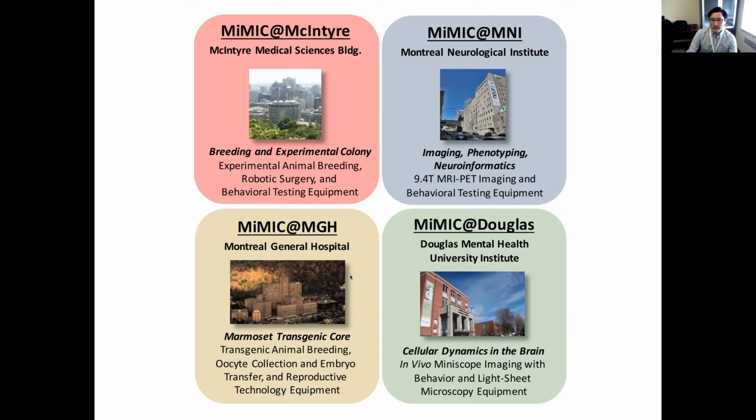And finally, at the Montreal General Hospital, over the last several years, we've been building the marmoset transgenic core that's basically going to help supply marmosets that have genetic reporters, but also disease models in marmosets to these collaborating partners within the university.